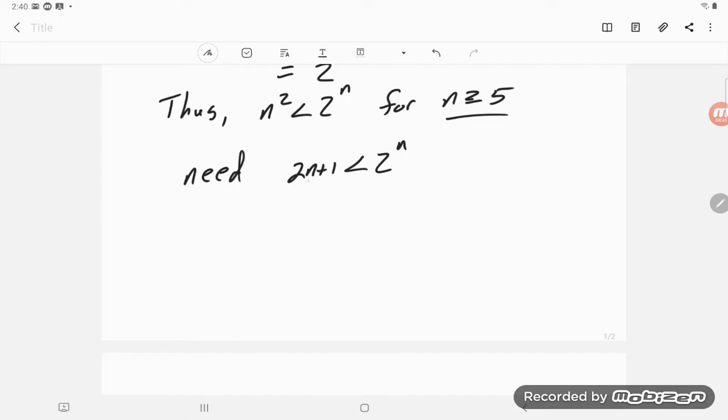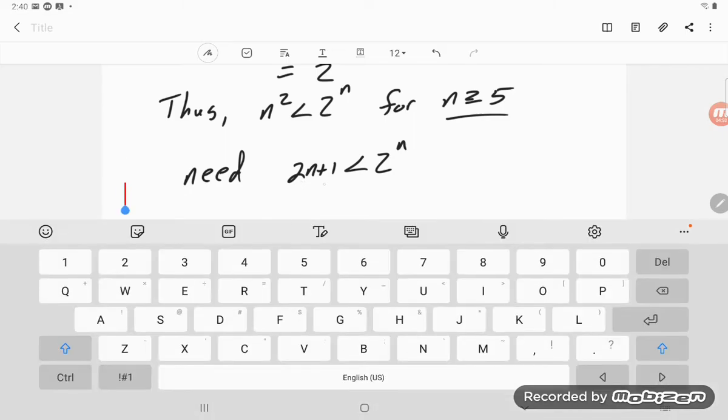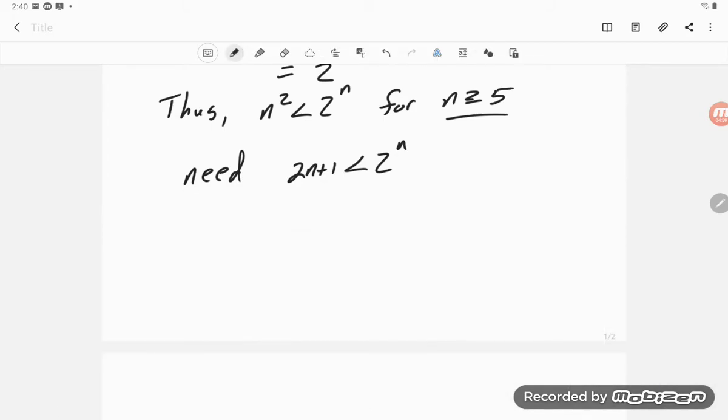If n equals 3, on the left I get 6 plus 1, which is 7, and on the right, I get 8. We need this for n greater than or equal to 5 because that's what we're working with.